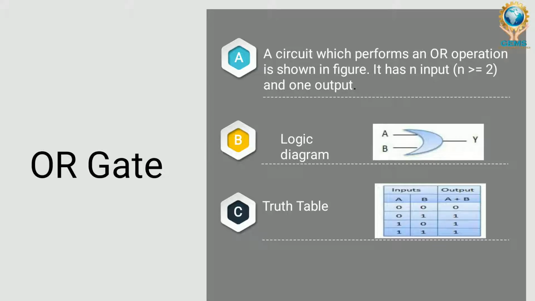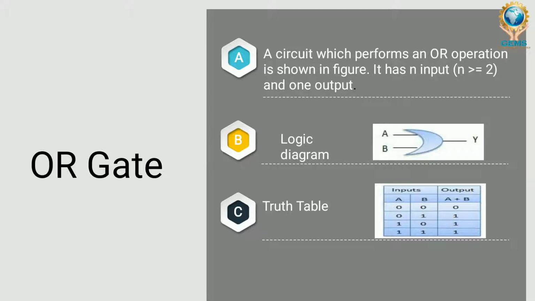At A or at B, if A and B are different, then the output will be 0. So if you want to get that same output from the truth table, both sides should be the same. But the OR gate is totally different.